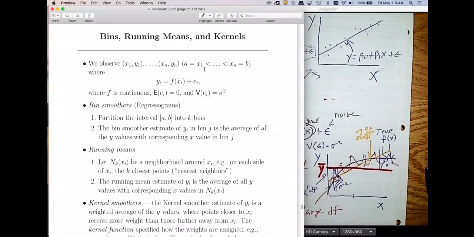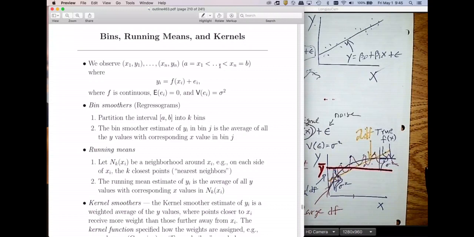I've also assumed that I don't have repeated observations, so I don't have multiple x's taking the same value. So these are all strictly greater thans. Smoothers will work without that assumption, but when I'm defining some of these smoothers, it's going to make it a little bit easier if I can assume that these are distinct x's.